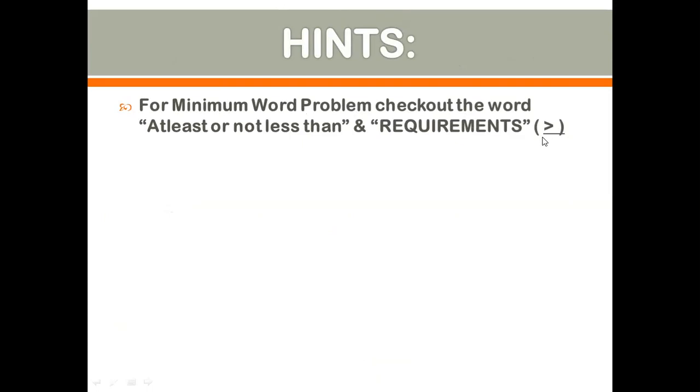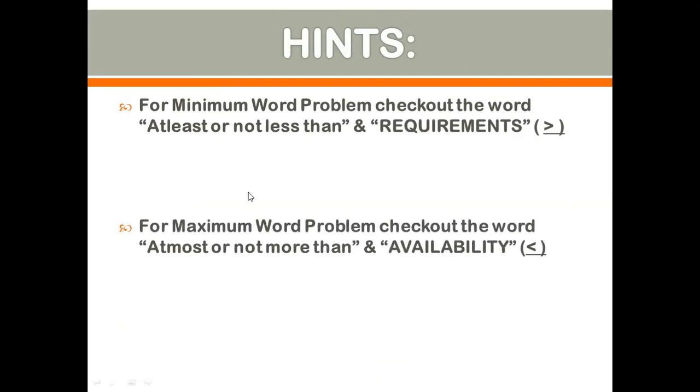Again, the sign is opposite, greater than or equal to. The same applies for maximum word problems. Whenever we'll be solving the word problems related to maximum, you have to utilize the word availability, and also words like at most or not more than also mean maximum. Again, the sign is less than or equal to, the opposite sign.